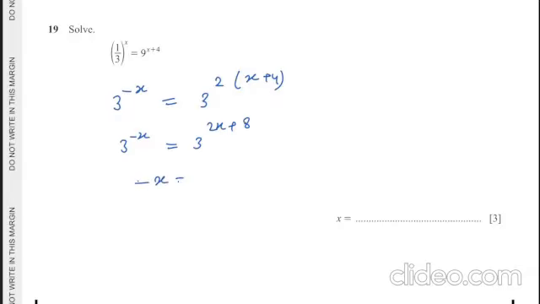As the bases are the same, now we can equate the powers, moving x to the right-hand side and 8 to the left-hand side. We'll get x equals minus 8 by 3. So this will be the answer, minus 8 by 3 for x in this question. Let's move to the next question now.